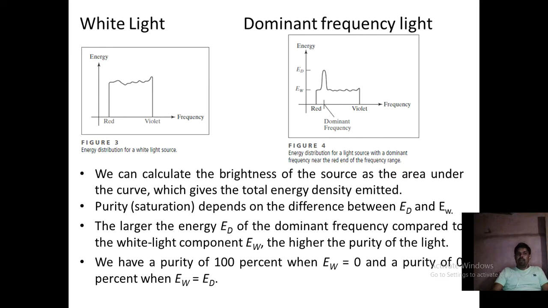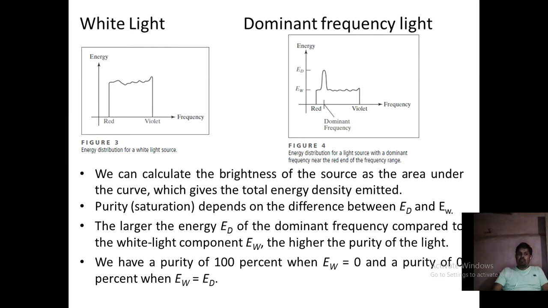If in that range from red to violet all these spectral frequencies have equal energy, if you mix all spectral colors with equal energy, then, as I told, you will get white light, right?